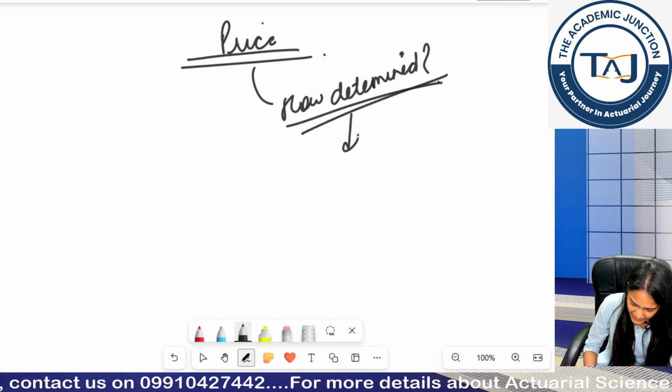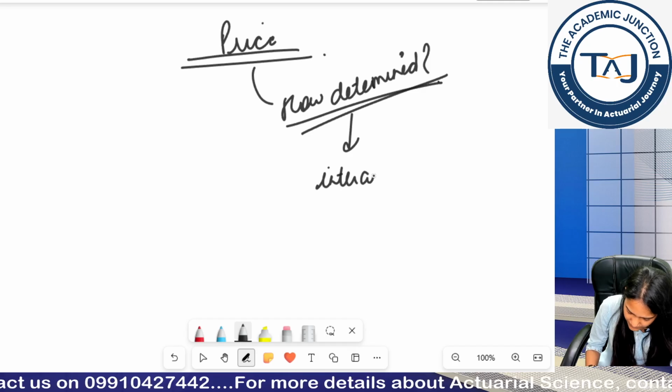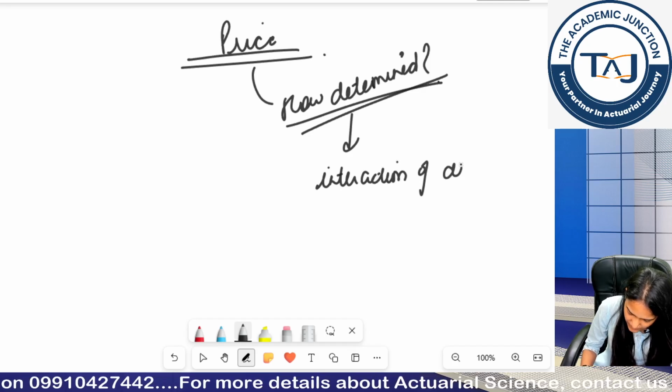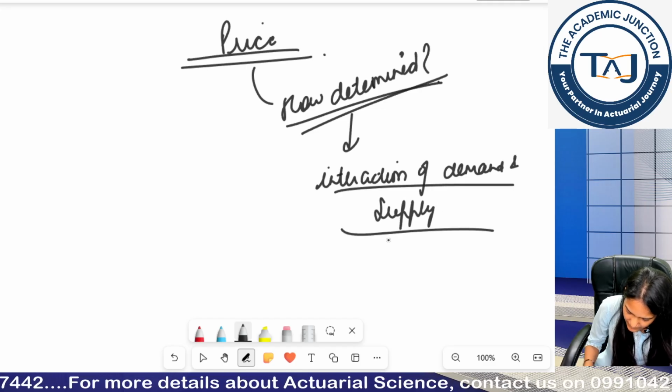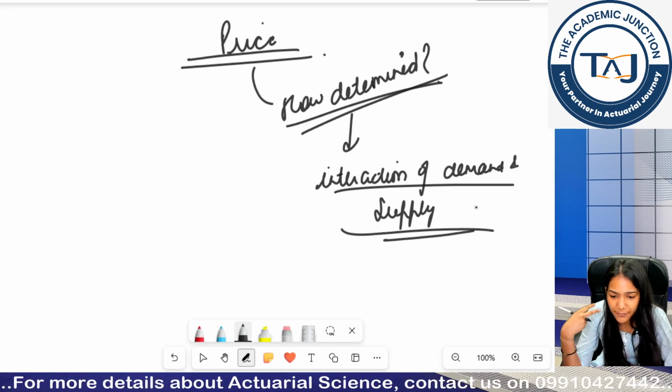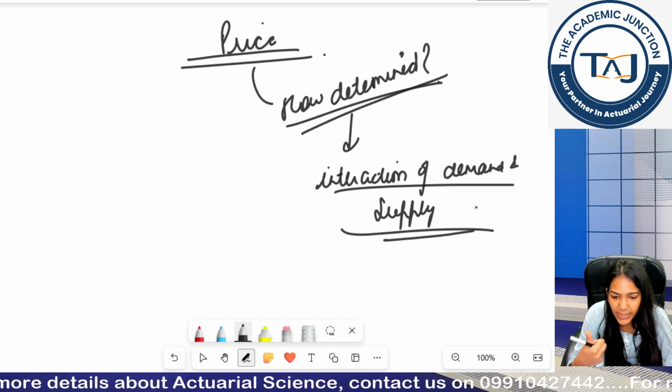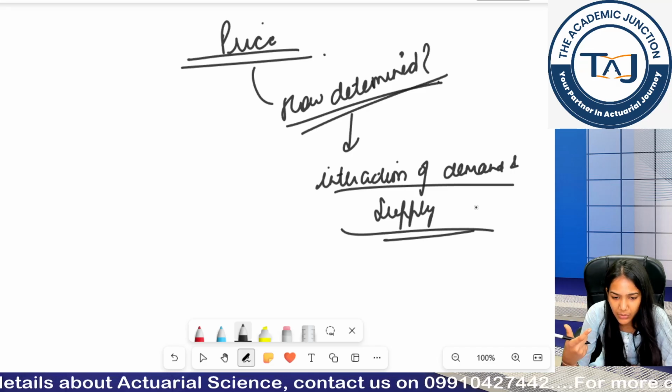Price is determined basically by the interaction of demand and supply. Okay, two factors that affect my price are basically the demand of that good or service and the supply of that good or service.